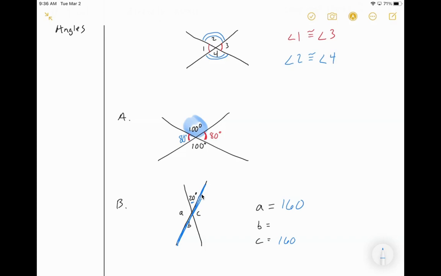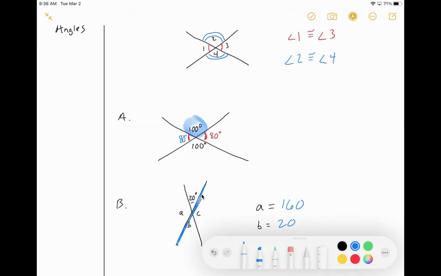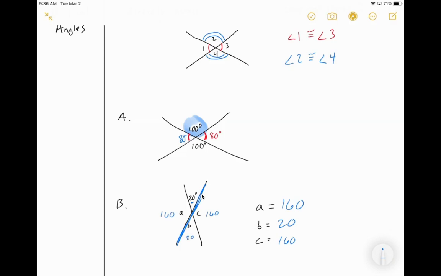And angle B would have to be, very good, 20 degrees. That makes sense, right? So if I fill all these in, this is 160, that's 160, and that's 20. Even though we only had that one piece of information, we were able to figure out everything else.